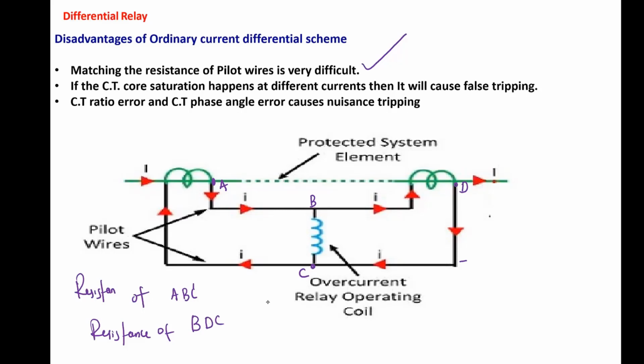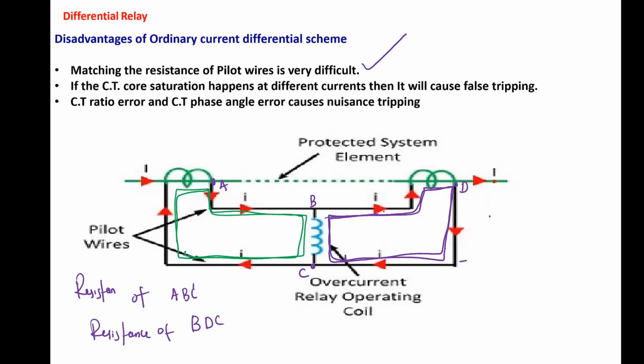What I mean to say is that the resistance of this path where this current will flow and the resistance of this path must be exactly the same, so that there is no nuisance tripping.